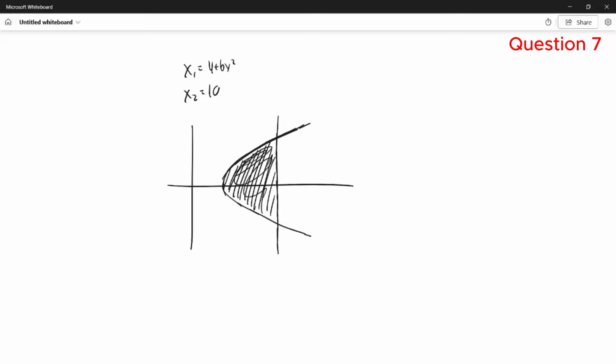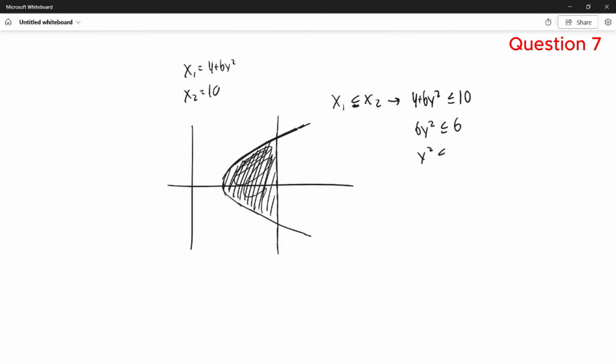So what does this tell us then? We are looking for a region in which x1, or the parabola, is less than or equal to x2 for all values of y. Now I've pretty much set up the inequality here. Now it's just down to finding the bounds for which this is true. So let's do that. 4 plus 6y squared must be less than or equal to 10. 6y squared must be less than or equal to 6.